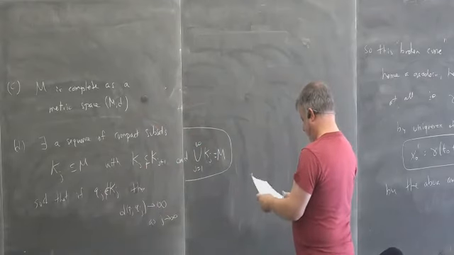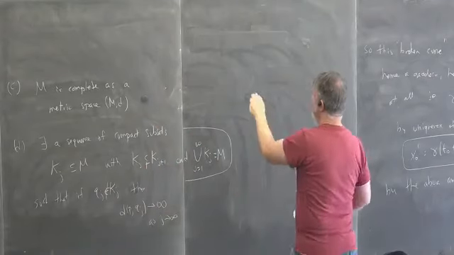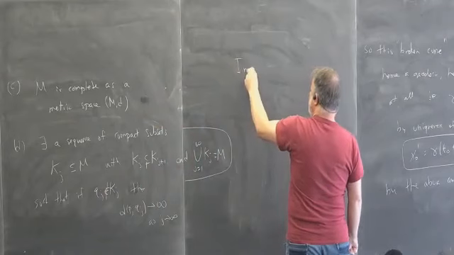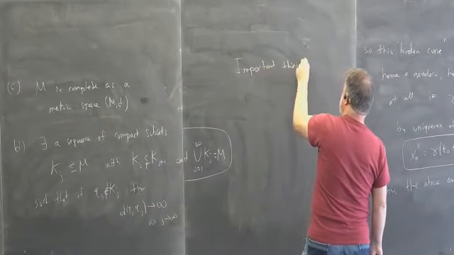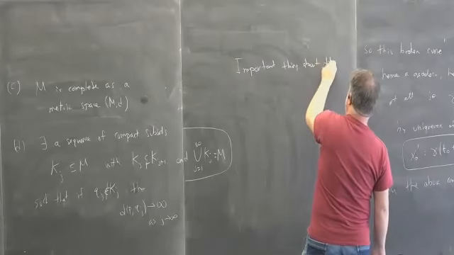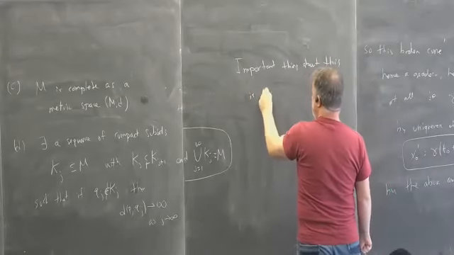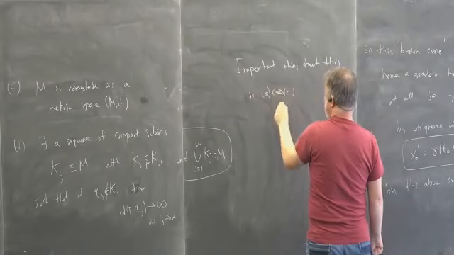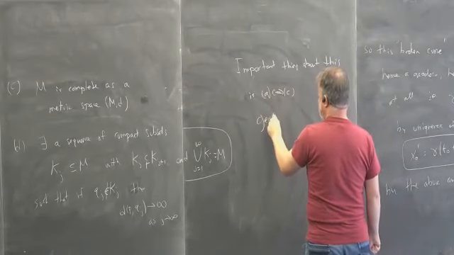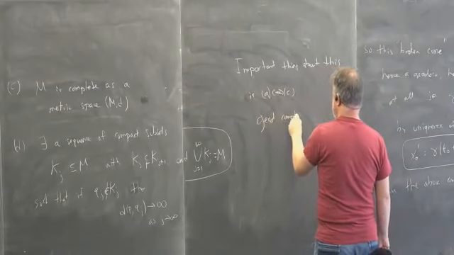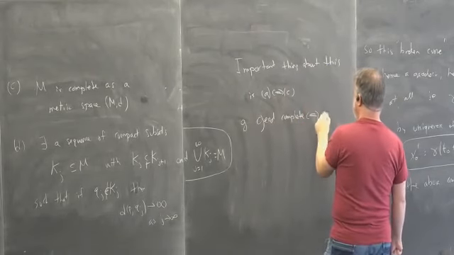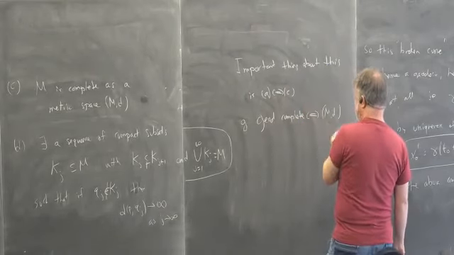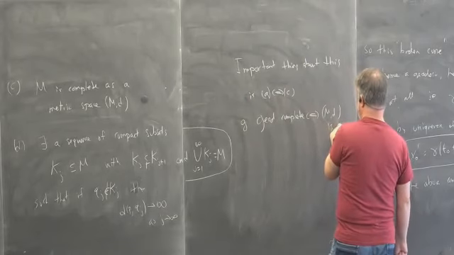Okay. Good. So the important thing about this is that A is equivalent to C. So the metric is geodesically complete if and only if the metric space you get is complete.